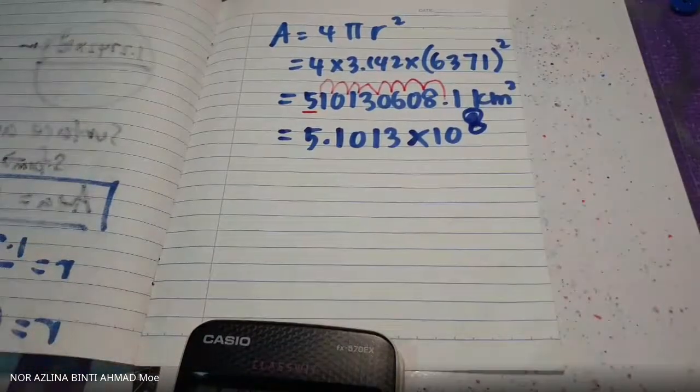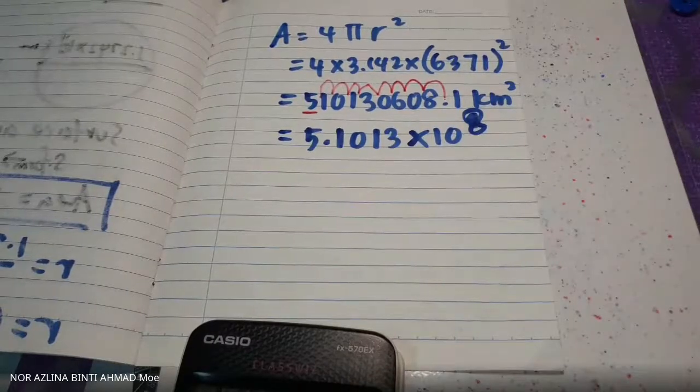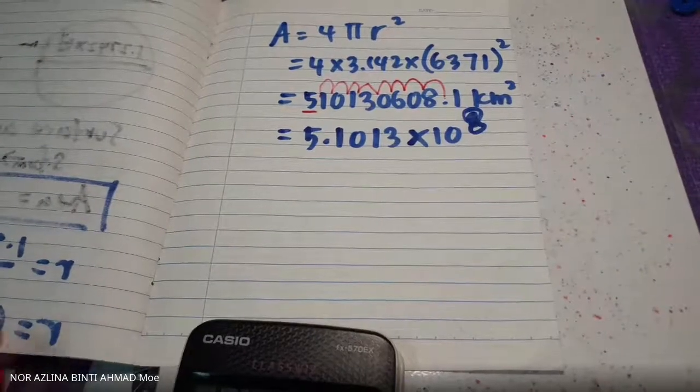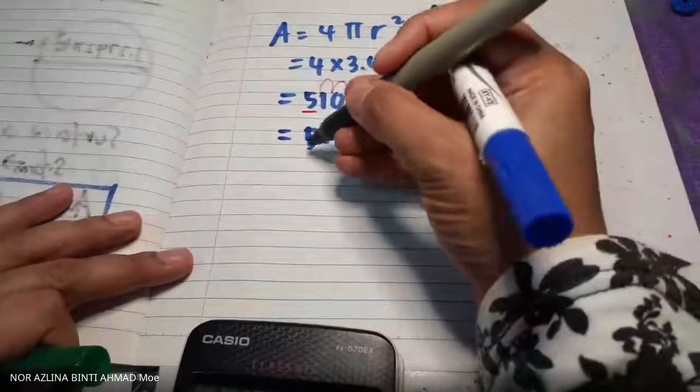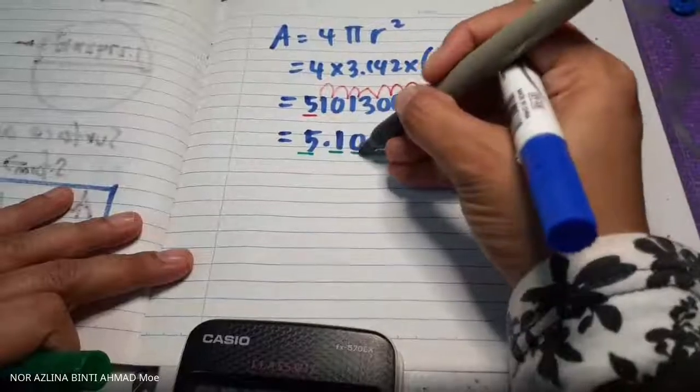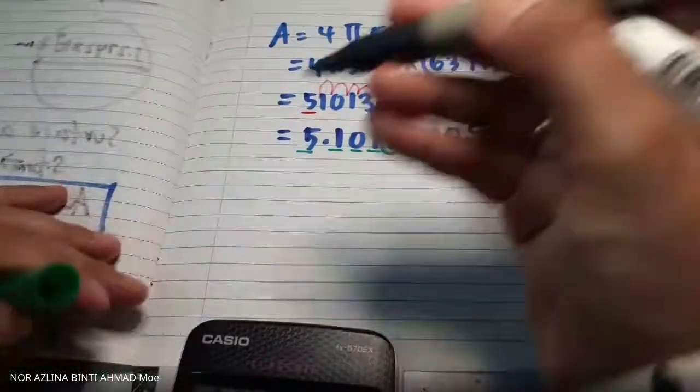The question wants you to give 4 significant figures. Start from 5: 1, 2, 3, 4. So we circle 3.